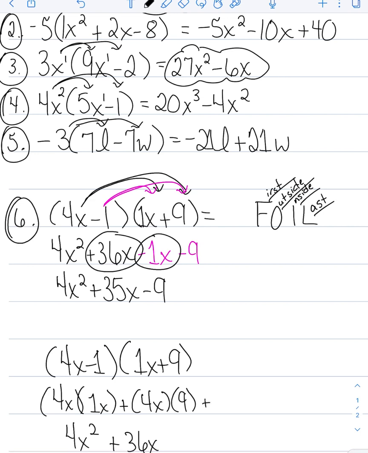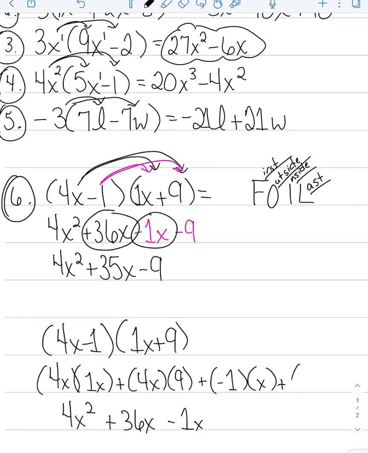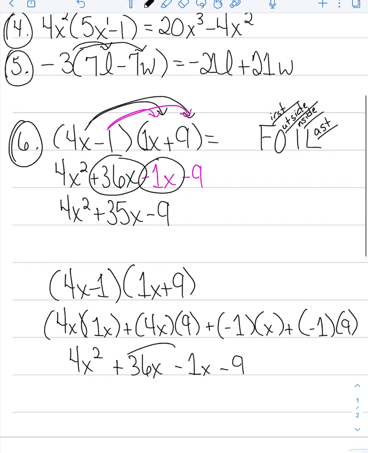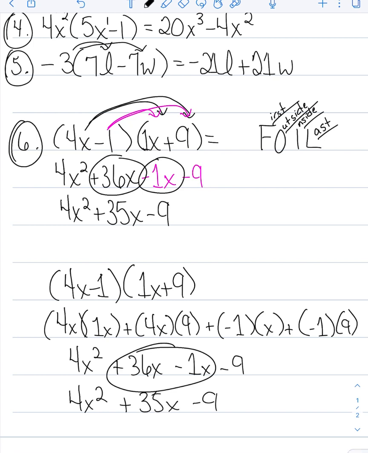Inside, which is -1 times x, which gives me -1x, plus my last, which is -1 times 9, which is -9. And then I'm going to combine that 36x minus 1x to get 4x squared plus 35x minus 9. Notice you get the same answers as you do if you do the distributive property.